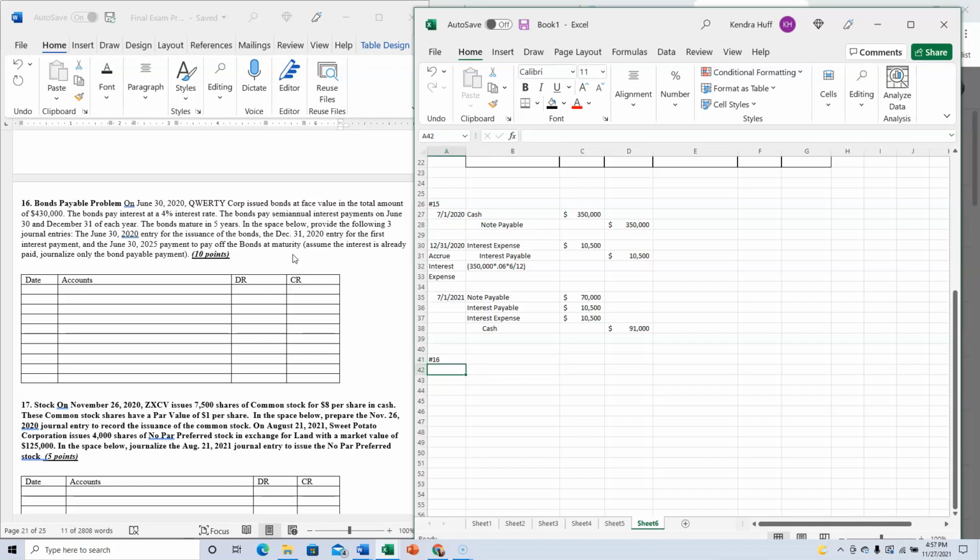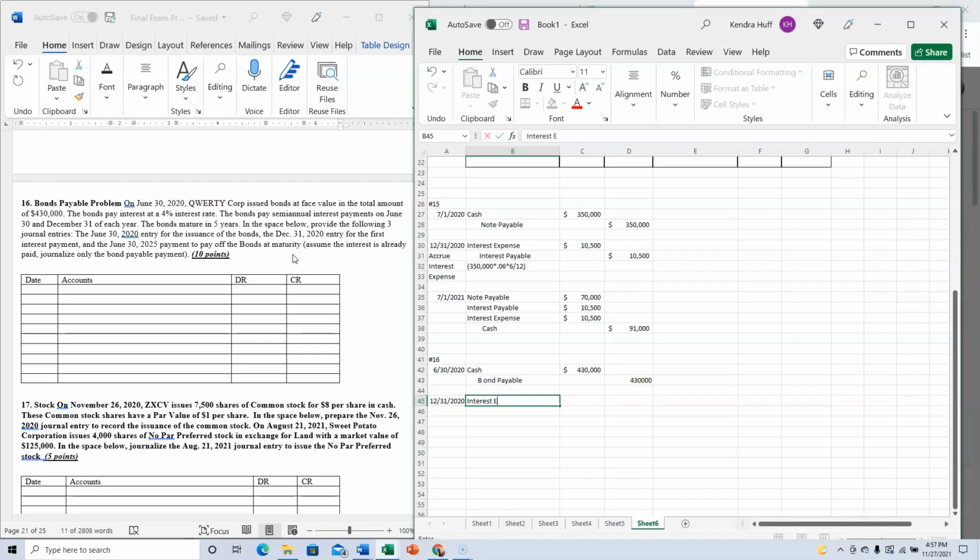Okie dokie. All right, so June 30th, 2020 is when I issue the bond. So I got cash, and it's going to be a credit to bond payable. And it was for $430,000. And then December 31st, I make my first interest payment.